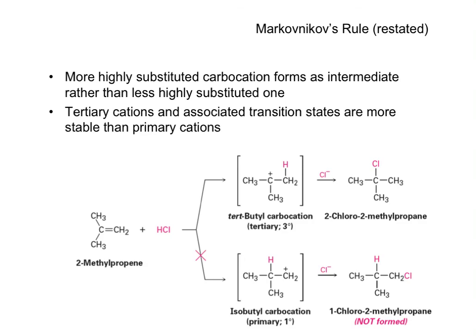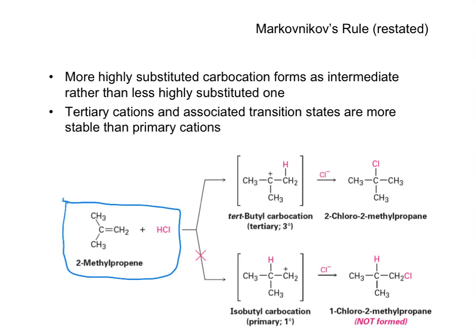And so again, saying the same thing, Markovnikov's rule. At this point, basically write down only the starting material with HCl, pause me, don't look at the slide, and tell me what the product would be. Go through the entire mechanism perhaps, and then tell me what you got as your products.